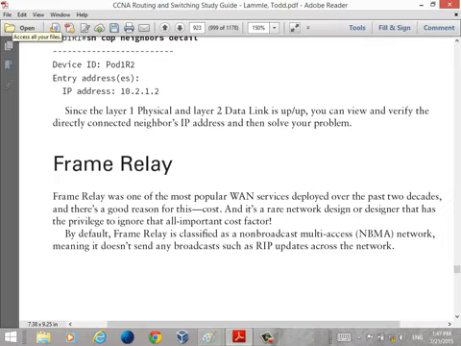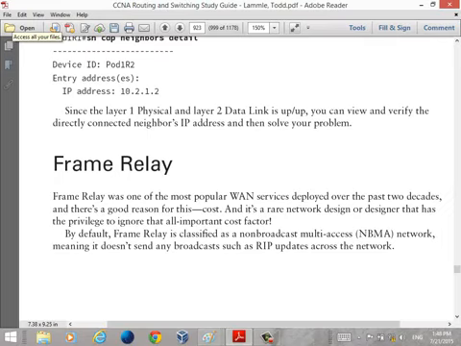Okay, now you have a first point for frame relay: that frame relay is classified as a non-broadcast network. On this network, by default, broadcasts are not allowed. It means if R1 and R2 are connected via frame relay and you are running RIP, R1 will never be able to send updates to R2.